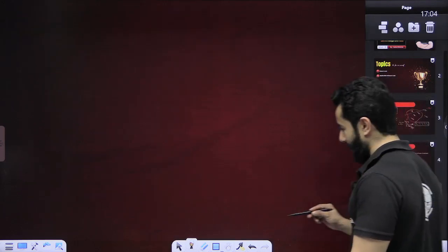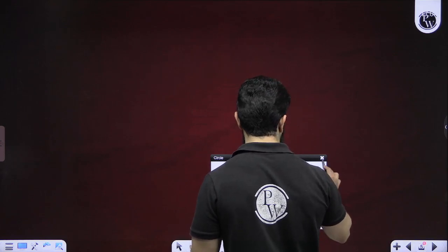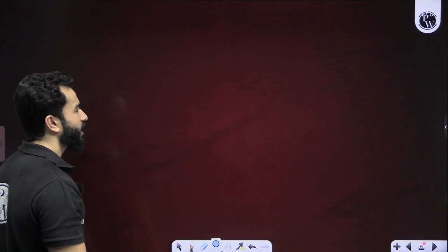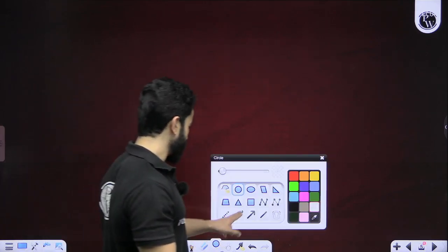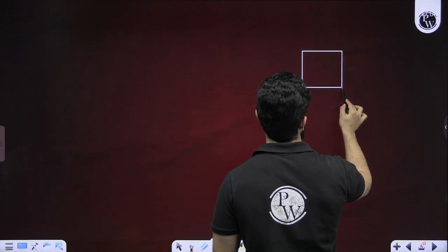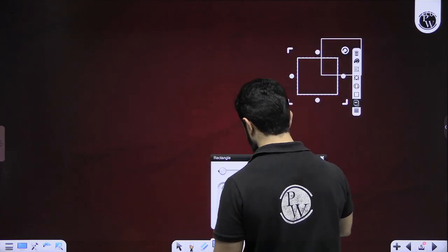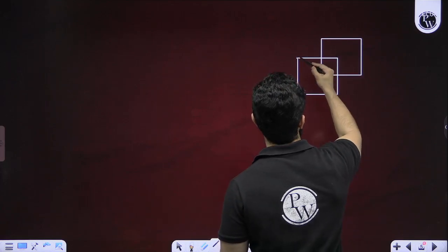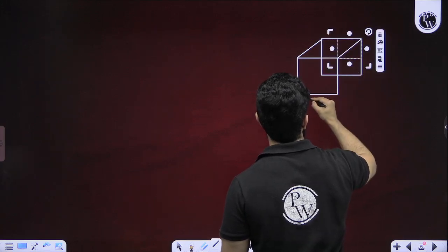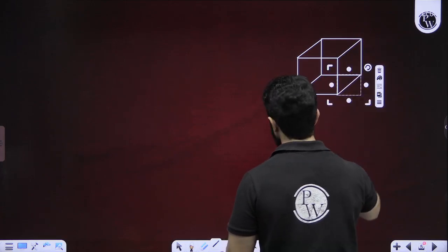Now let's have a look. Let's start with another example. Let's say that you have got a cube over here, something like this.